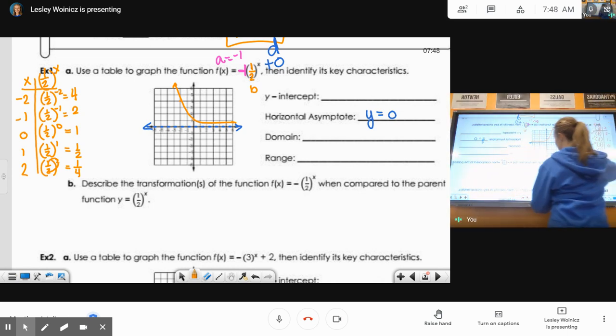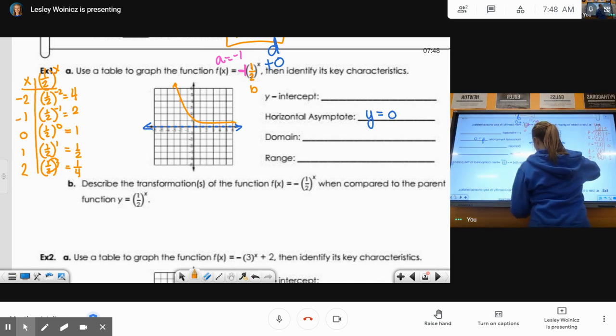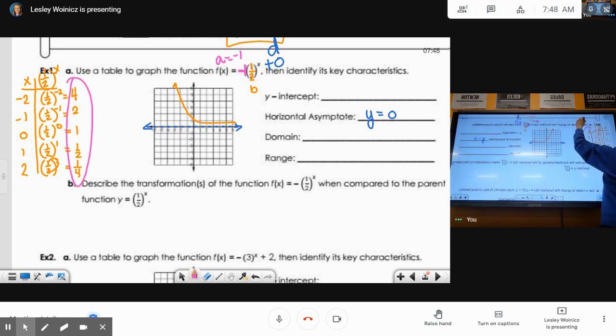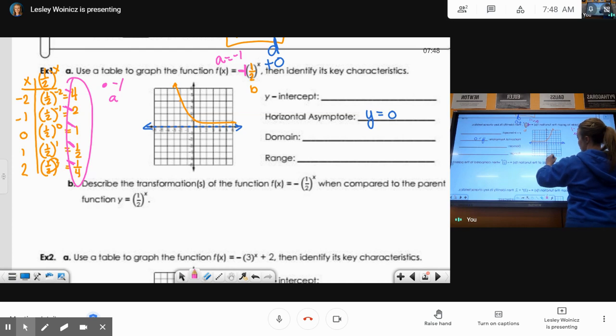So what I'm going to do is multiply all of these by my a value of -1. That's my a. So it's going to be -4, -2, -1, -1/2, -1/4.